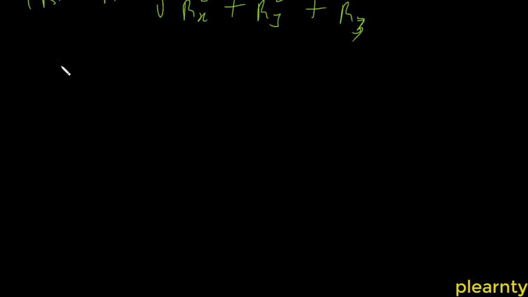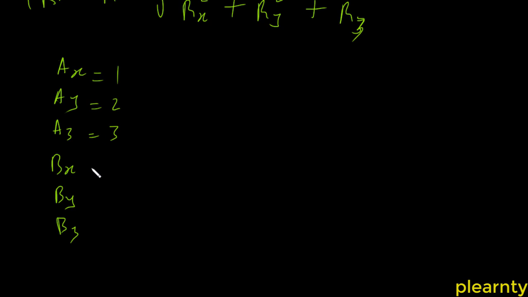Now let's give it some figures. Let's say AX, AY, AZ, BX, BY, BZ. Let's say this is 1, this is 2, this is 3, this is 6, this is 5, this is 3.